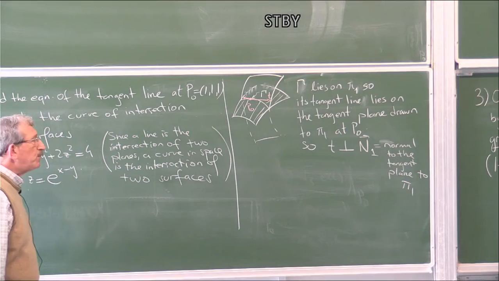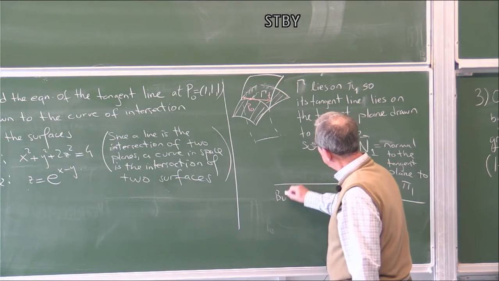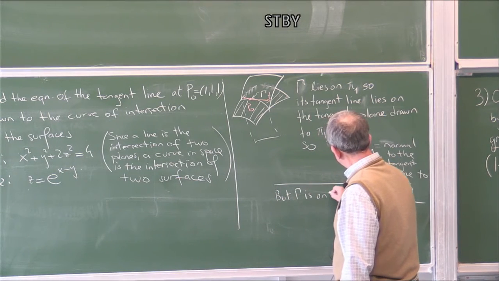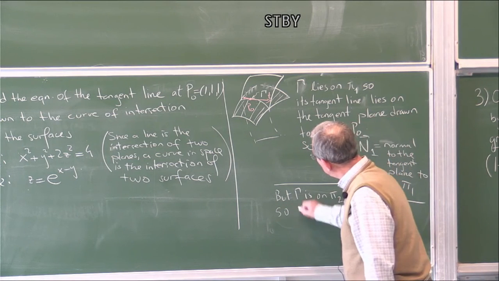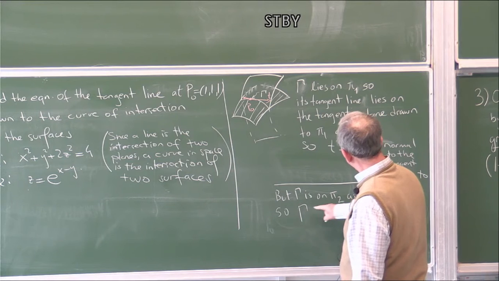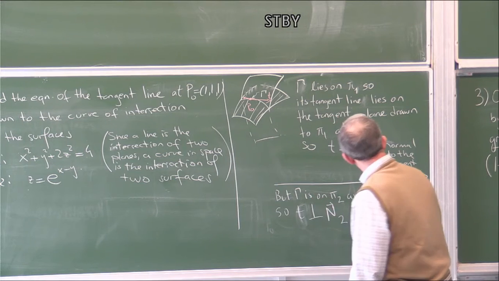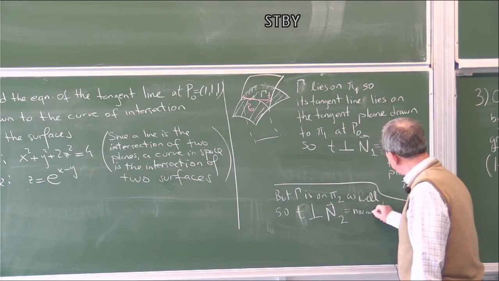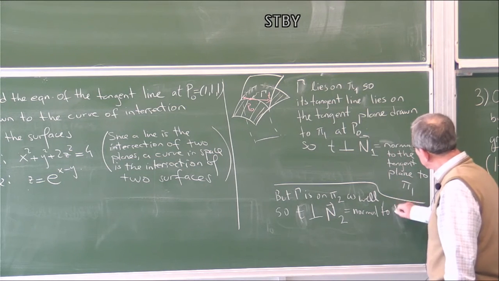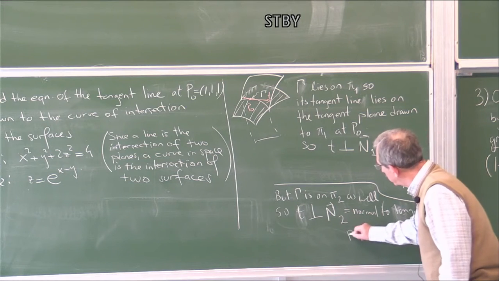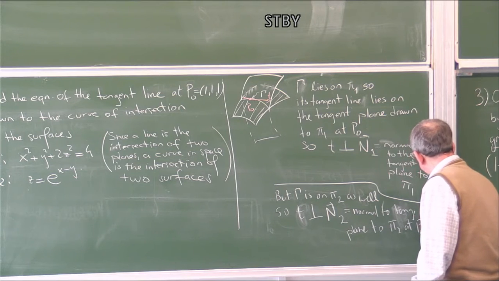Okay. But gamma also lies on the other one. So T is perpendicular to N2, which is normal to the tangent plane to pi2 at P0.